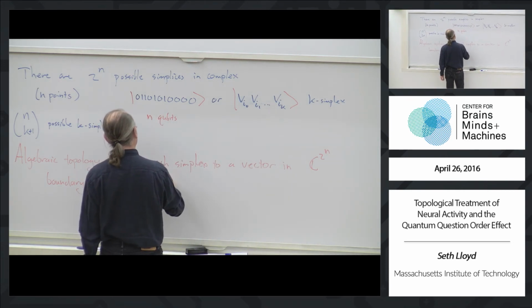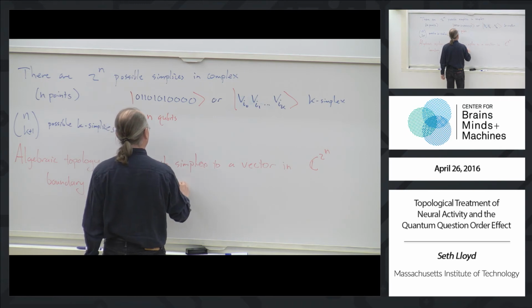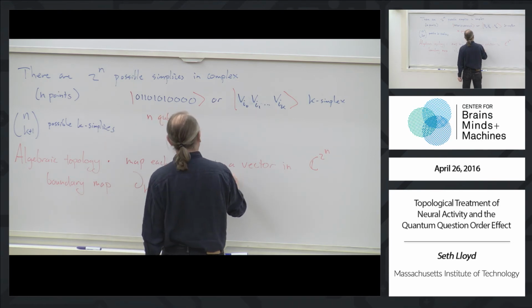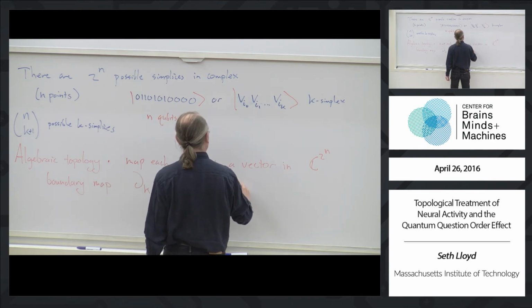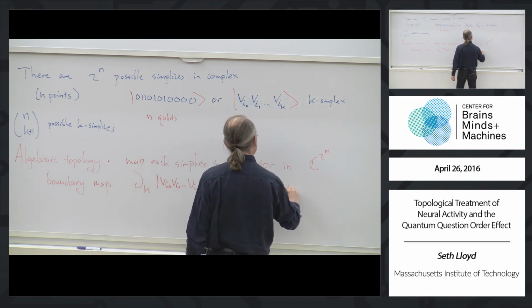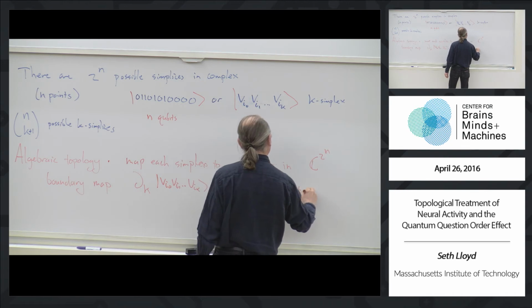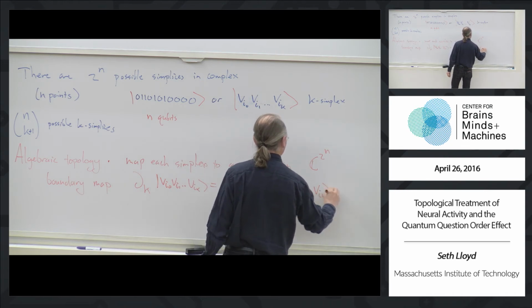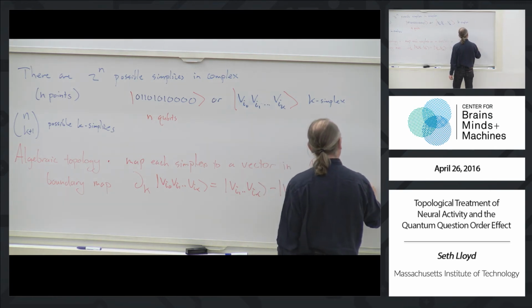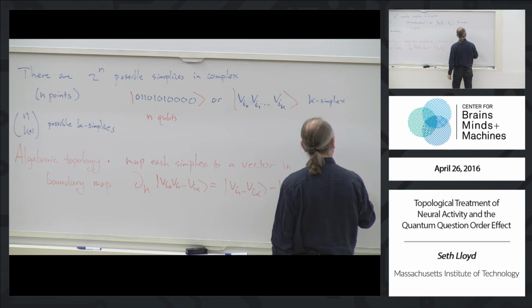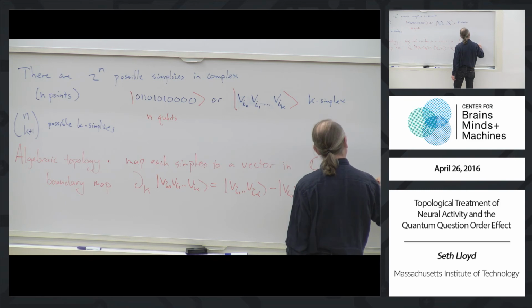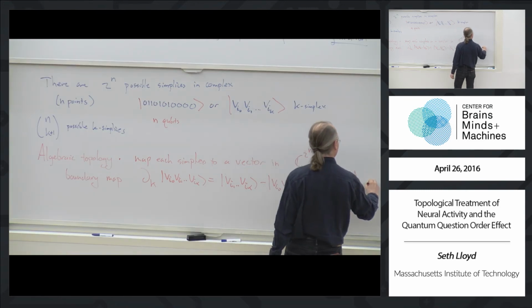It takes the vector vi0, vi1, up to vil, and it goes to the sum where I remove the first one, then I remove the second one, etc., up to minus 1 to the L times vi0 dot dot, where I remove the L-th one. So this means I took it out.